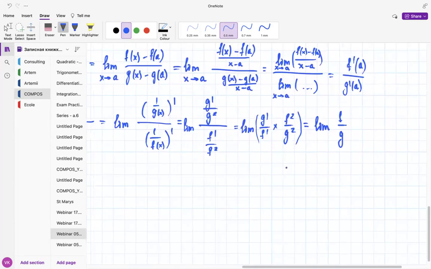So from here, you can obviously see that the limit of f divided by g is actually the limit of f prime divided by g prime, because we can rearrange it all to both sides and put it in a way we need it to be. Or you can leave it as g prime over f prime, which doesn't change the whole thing dramatically, but still it's better to leave it this way because we started from here.